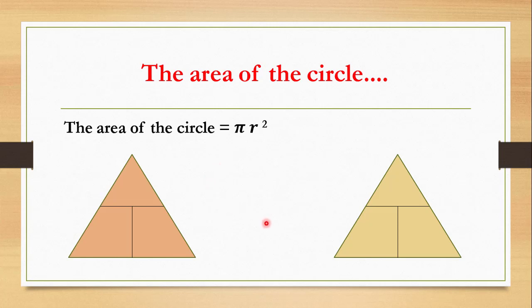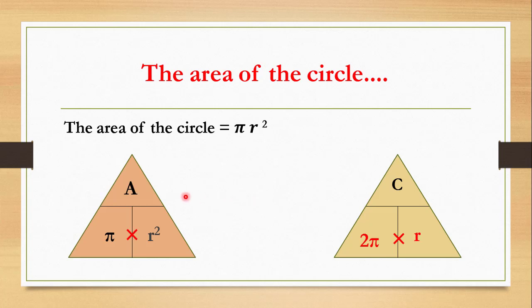Okay, so let's make two triangles for area and circumference. The area, as we said, equals pi times R power 2, and the circumference is 2 pi times R.